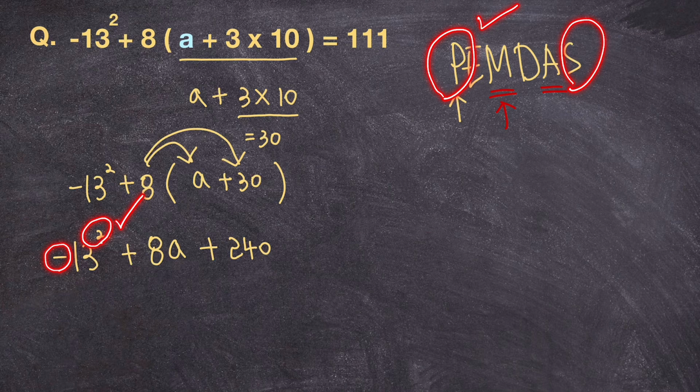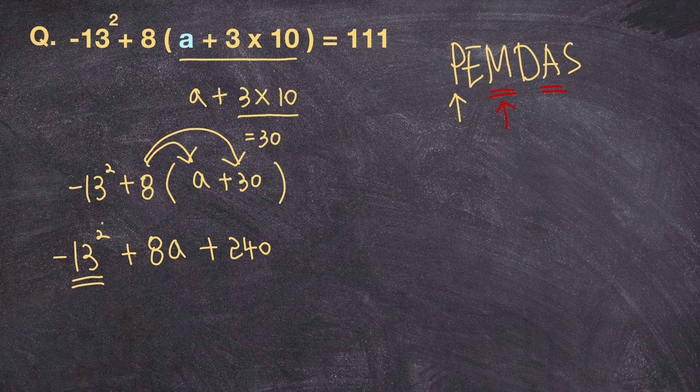So you need to deal with power first, meaning to the number 13, you got to square it first and then add negative sign to it. So 13 squared is 169, and I add negative sign to it, and then I add 8a, and then I add 240.